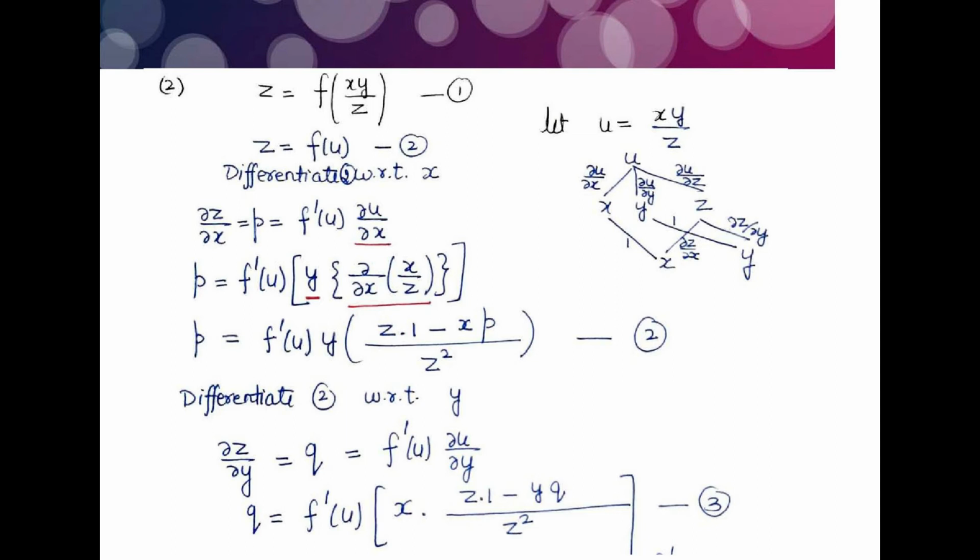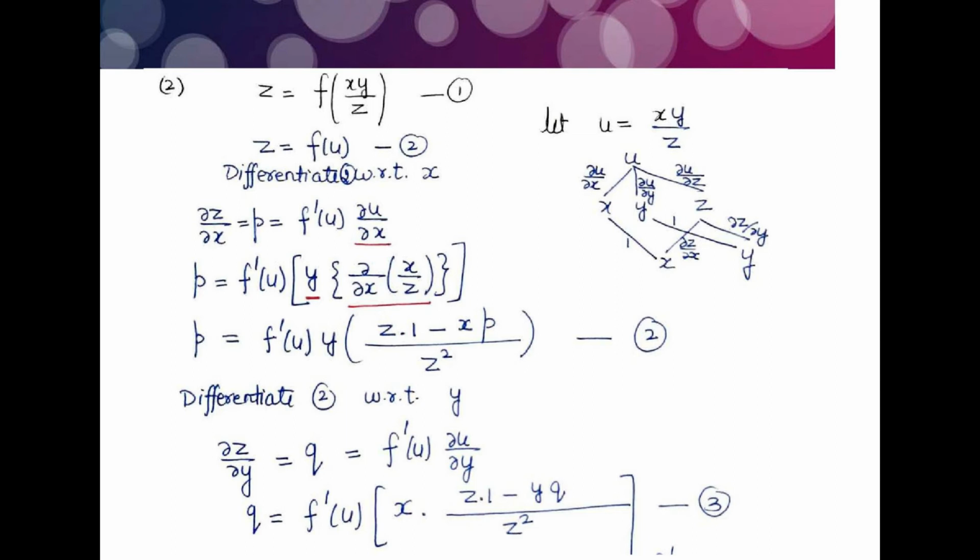So we start with equation number 2 and differentiate it with respect to x. We have curly z over curly x, which is p. This is equal to f dash u, and then the derivative of u with respect to x. Now to calculate this derivative of u with respect to x, we have to be extra careful.